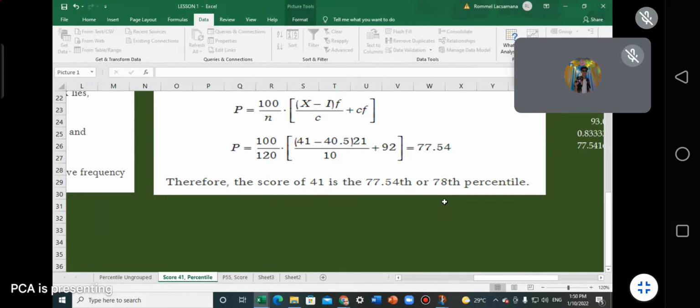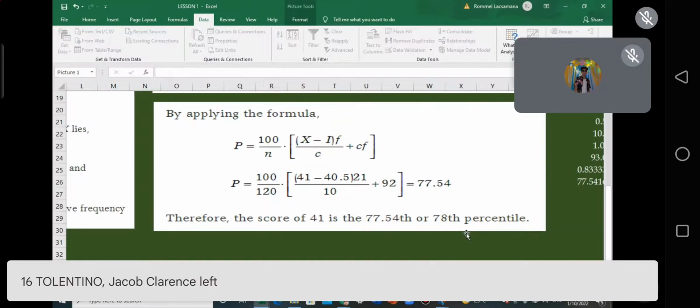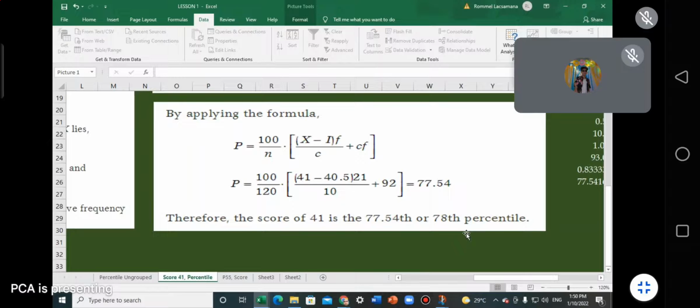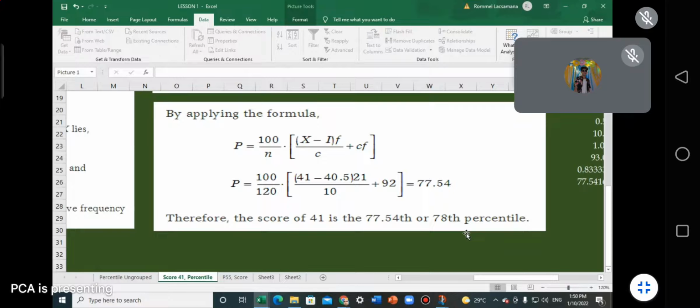It means that whoever that person is, we do not know how many of them because we did not see the raw score. Their rank is 78. It means that of the 120 grade 10 students, 78% of them, this student is better compared to.